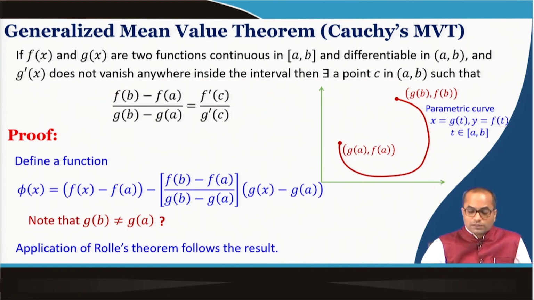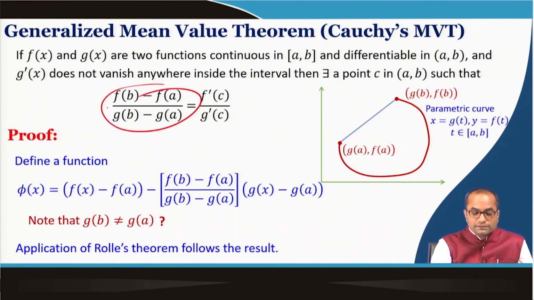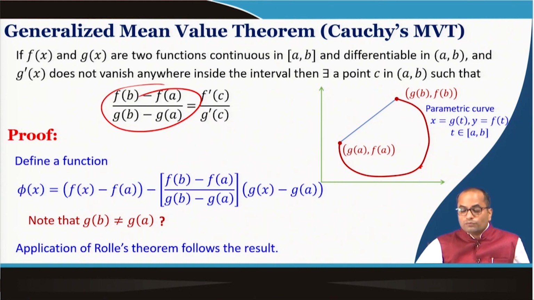The geometric interpretation says that the slope of the line joining the two end points of this curve will be equal to the slope at another point in between.